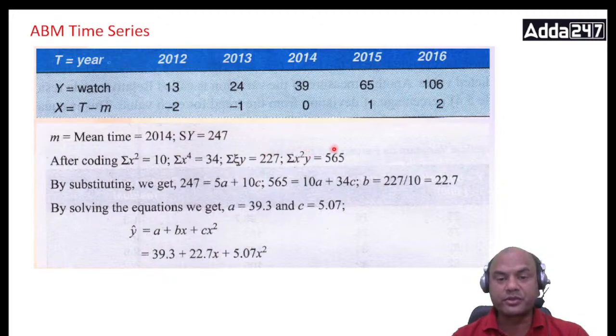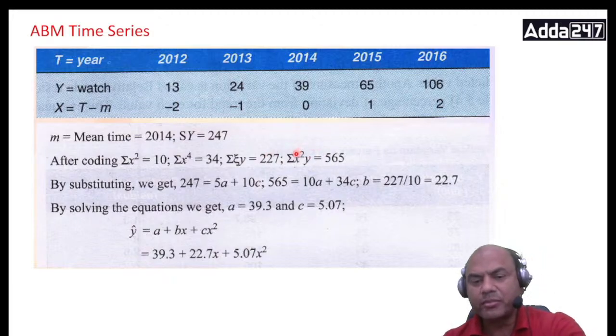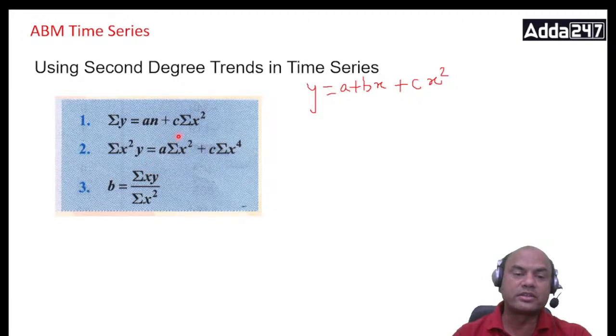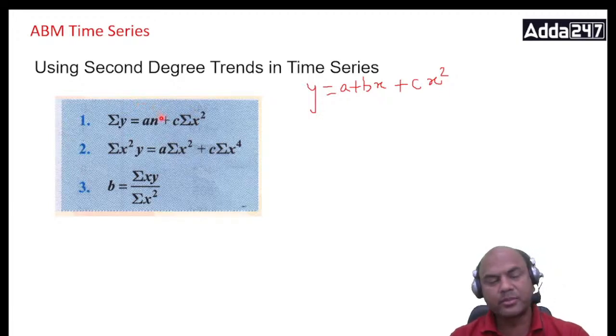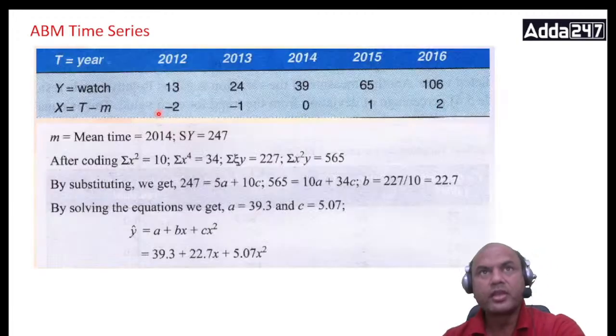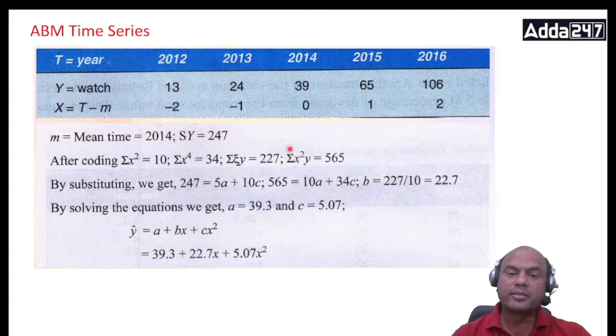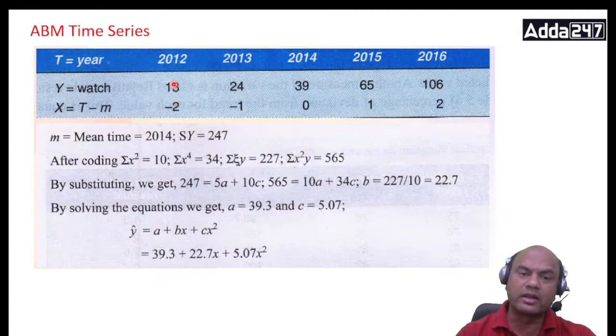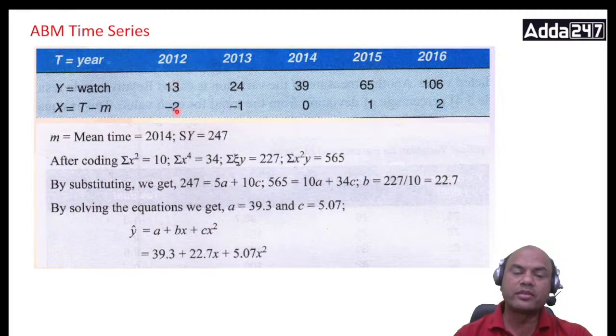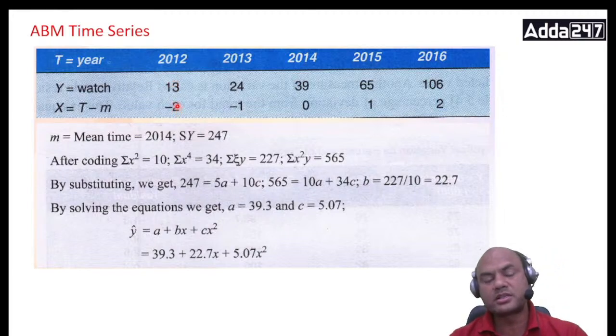Similarly, summation x square y. Why this x square y? Because you require it over here. Whatever is required over here, you will do the total. Keep it very simple. Okay. So now, summation x square y. Do the x square. Minus 2 square, 4 into 13. So 13 4s are 52.